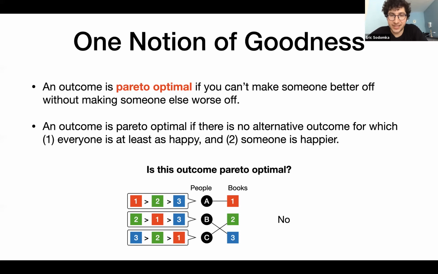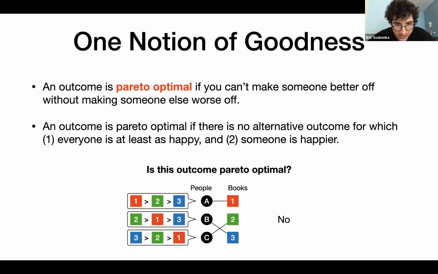Okay, so to go back to the simpler case, where people just care about their own allocation of books, let's look at one more example. Here, what I've changed is the preferences. Person A likes book 1 the most, then book 2, then book 3, just like before.